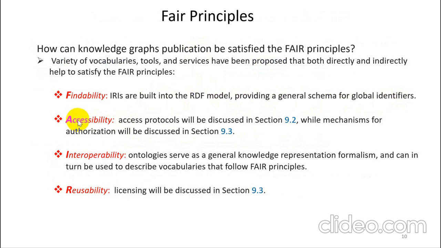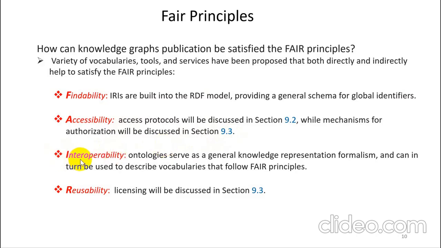In terms of accessibility, some access protocols will be discussed in section 9.2, while a mechanism for authorization will be discussed in section 9.3.